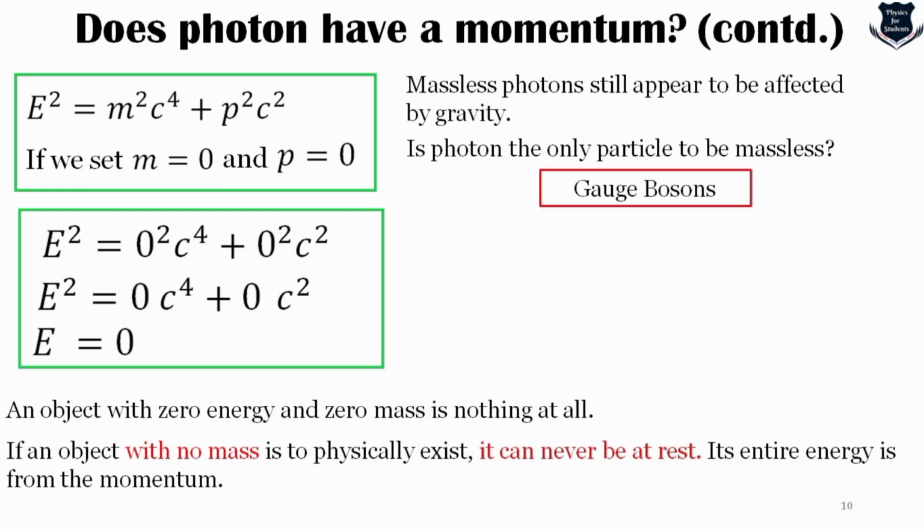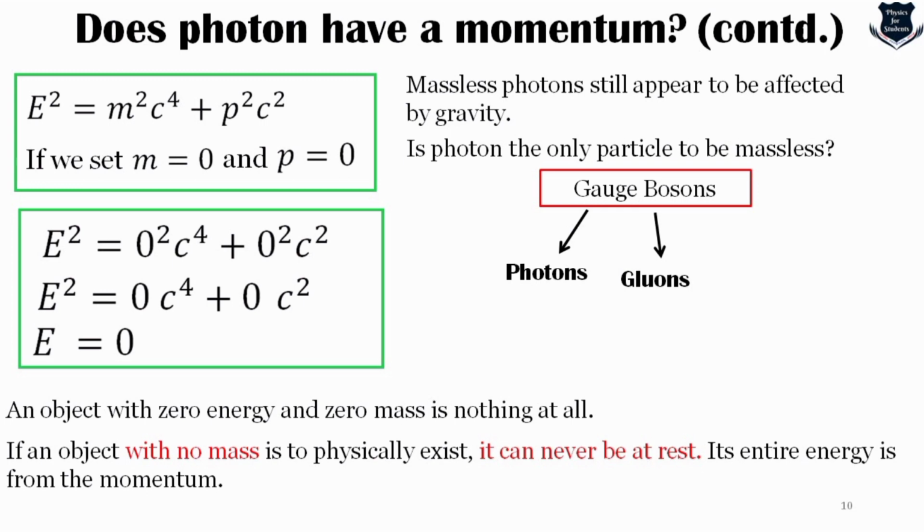The answer is no. We have something called gauge bosons, which are one of the families, or for the timing you can just assume, one of the fundamental particles, which can be divided into three parts. First one is the photons, which are massless, and we are observing their properties. The second one is called a gluon. It is an elementary particle.